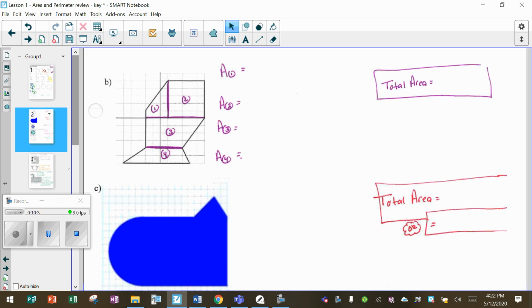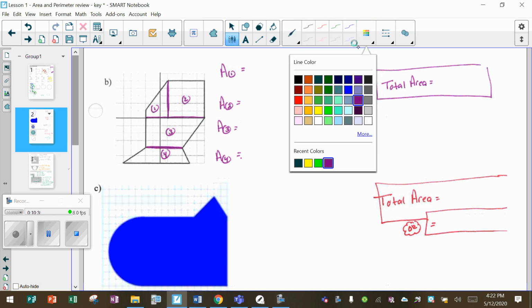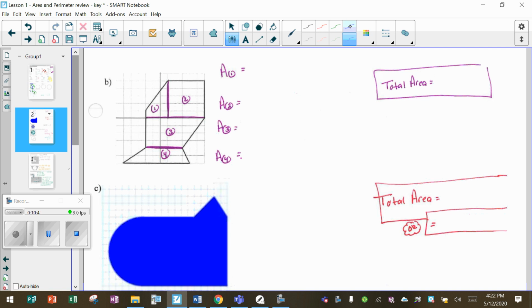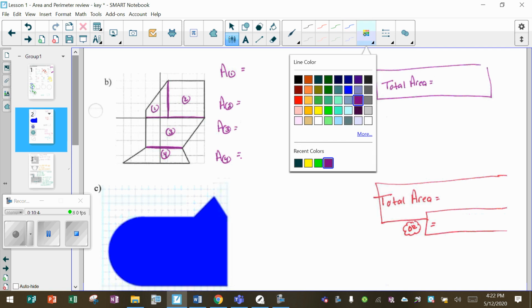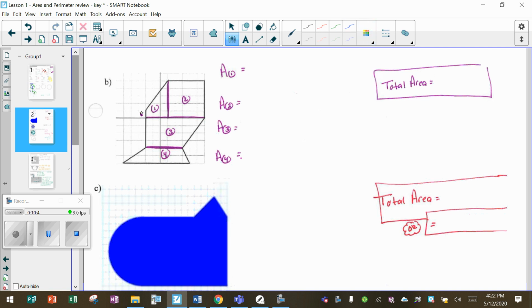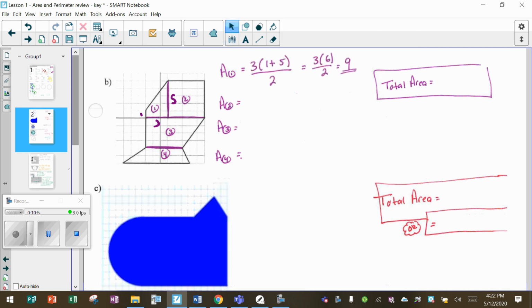So shape 1 is a trapezoid, turned a little bit sideways, different from what you're used to, but is a trapezoid still. One base is 1, the other base is 1, 2, 3, 4, 5, and the height 1, 2, 3. So I take those numbers, I have my trapezoid formula, bada bing, I have my area.